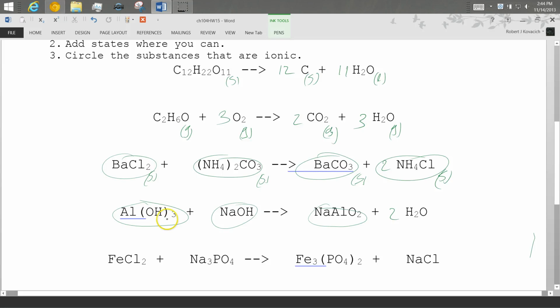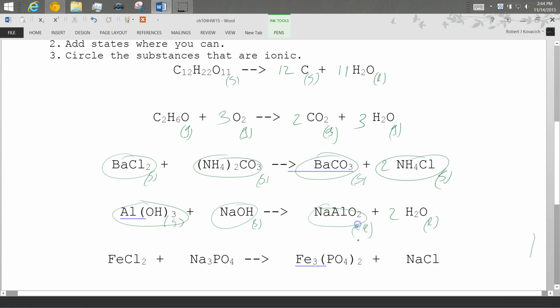So this guy over here, I don't see any water on this side, so it's a solid. I don't see any water on this side, it's a solid. There's water on this side, so what am I going to do with this one? Why is this guy aqueous? Okay, so there's water and it's soluble because sodium's a group 1 metal, and it doesn't matter what the anion is.